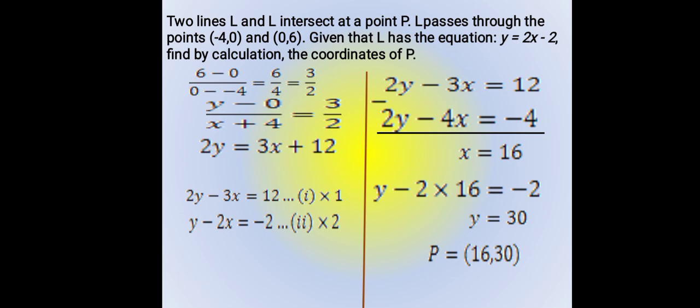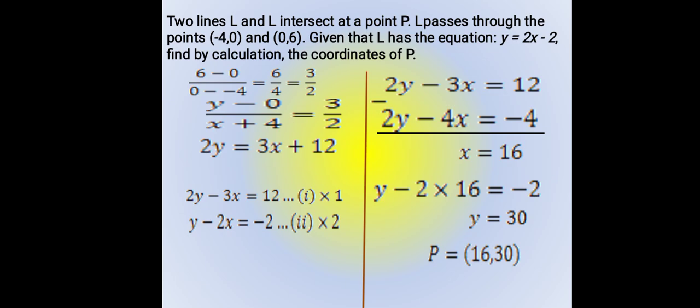Now, first of all, we can find the equation of the first line, having been given its 2 points. So we find the gradient first. The gradient shall be (6 minus 0) over (0 minus negative 4). We get the gradient to be 3 over 2.